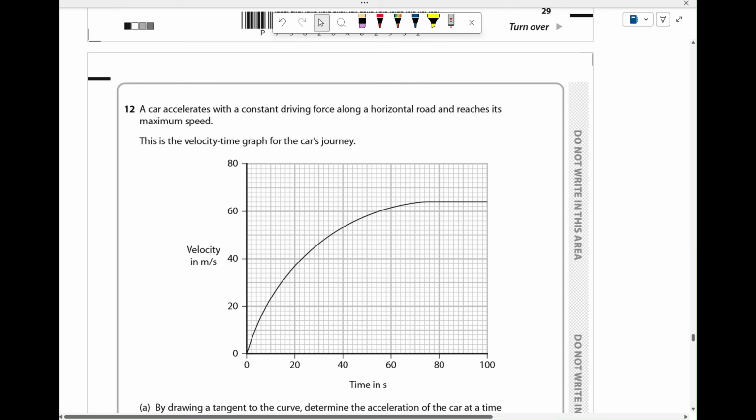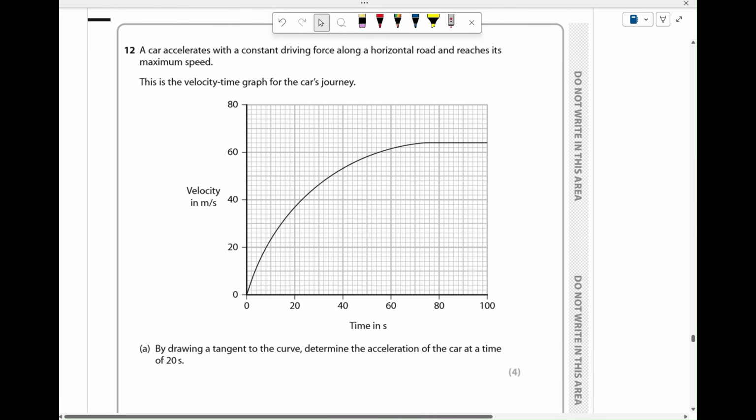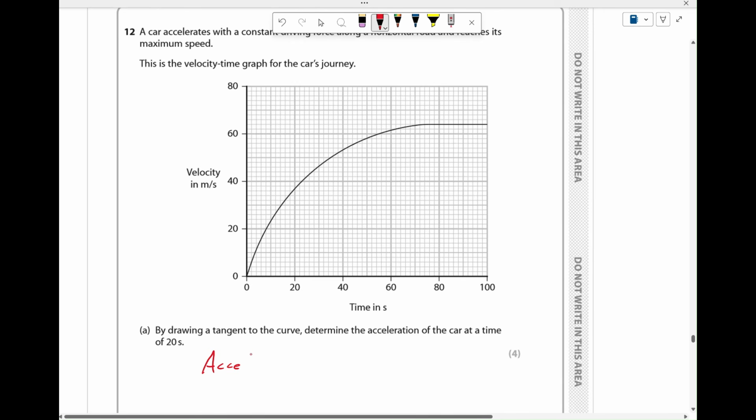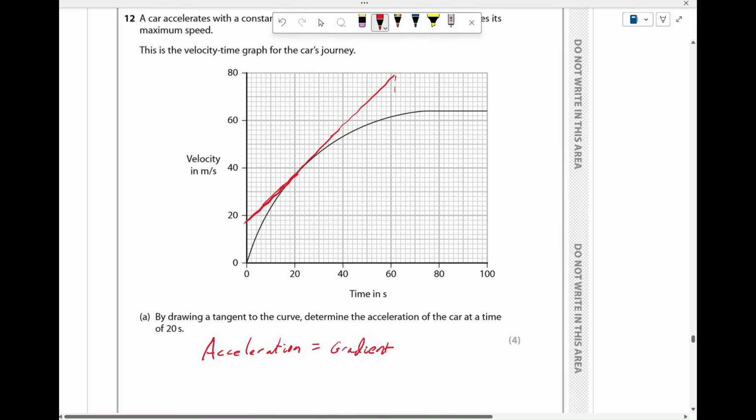Question 12. Okay, we have a velocity time graph. What's the acceleration of the car at 20 seconds? So the acceleration is the gradient. Now we have a curve, so this would be a bit easier hopefully with a ruler than with my stylus. Apologies for completely horrendous use of stylus here.